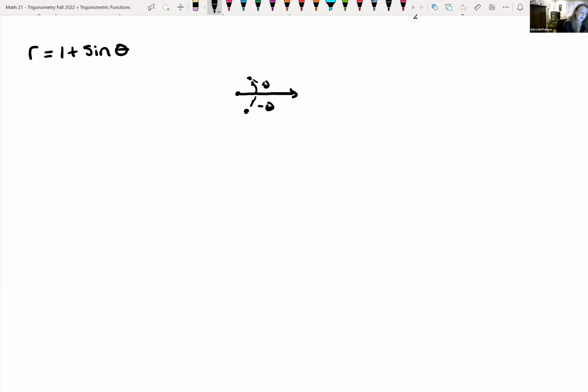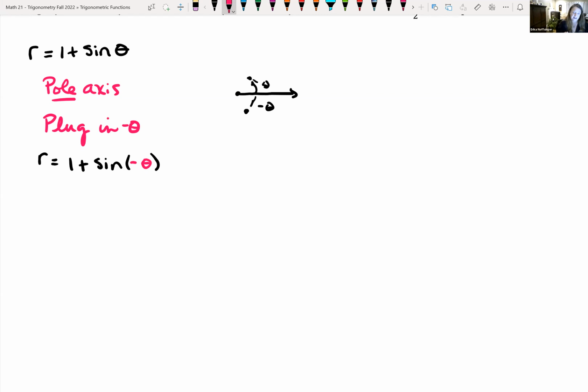So let's plug in negative theta for theta. And so doing that, I get r is equal to 1 plus sine of negative theta.